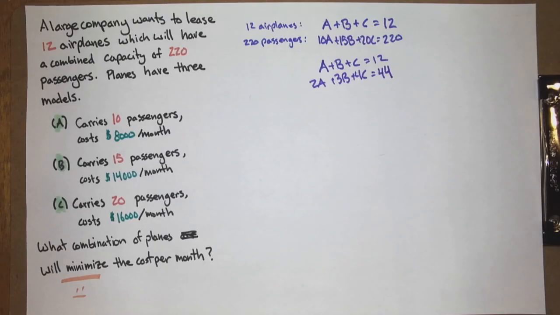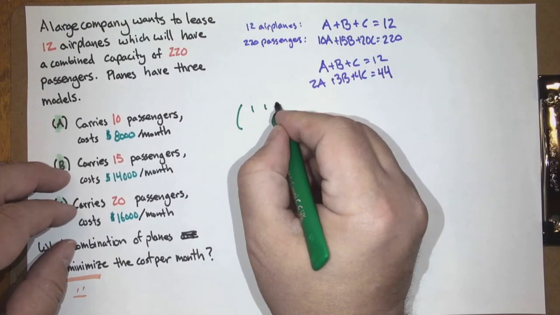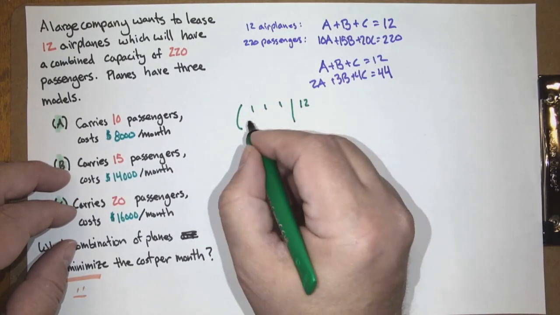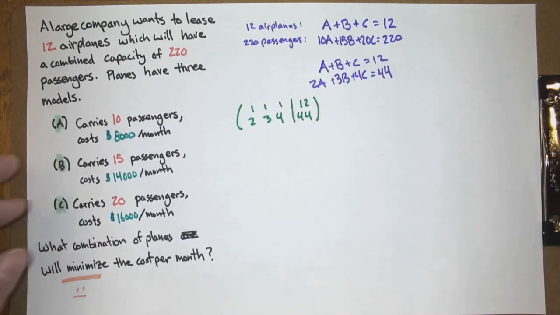All right. Well, we do want to do our practice with our Gauss-Jordan elimination. 1, 1, 1, 12. 2, 3, 4, 44. You should, at this point, say, we don't have enough equations to find a unique answer.